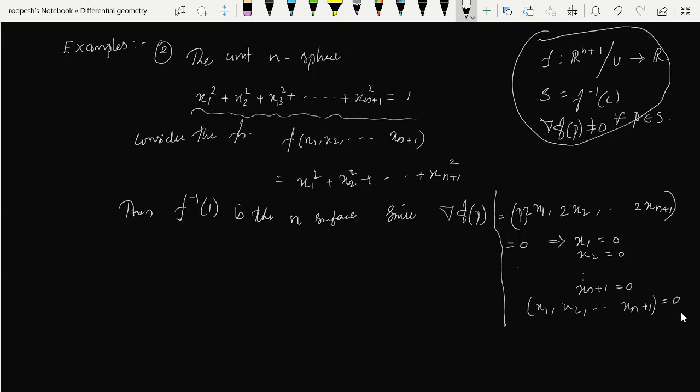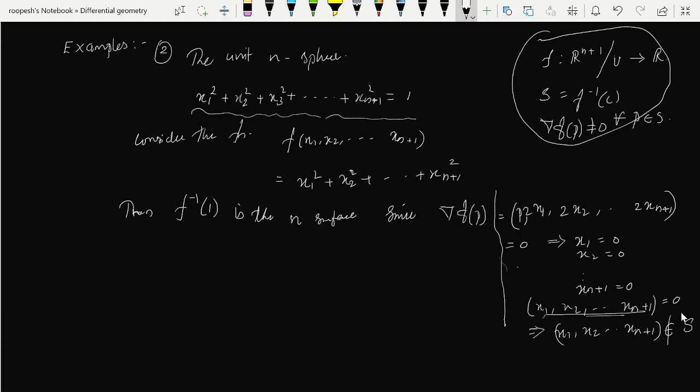That means whenever del f of p equal to 0, this point does not belong to S, which implies (x1, x2, ..., x_{n+1}) does not belong to S, right?